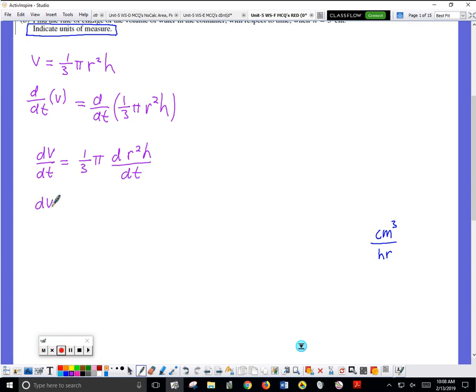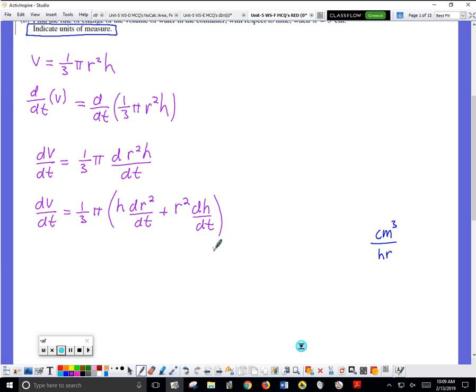So I have dv dt equals big parenthesis, second function h multiplied by derivative of the first function r squared plus r squared multiplied by the derivative of h. So that's the product rule.